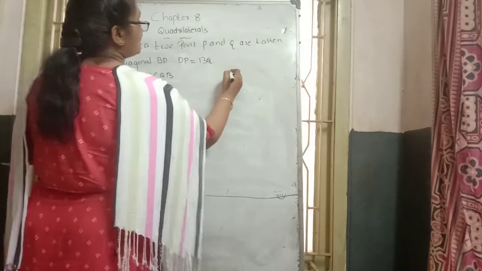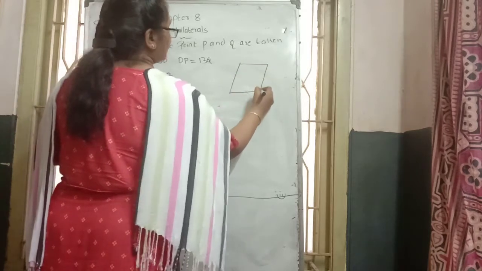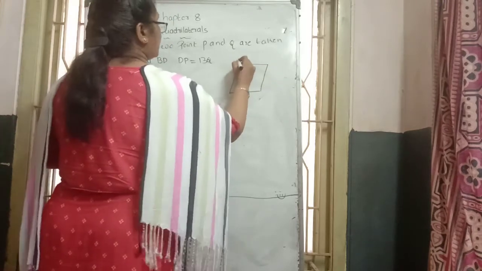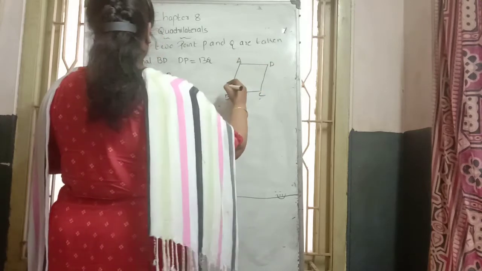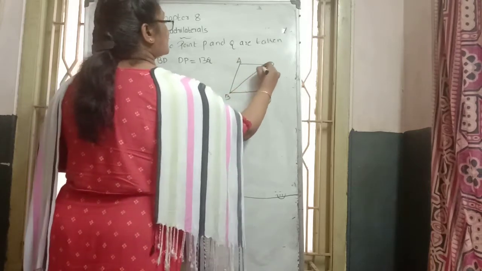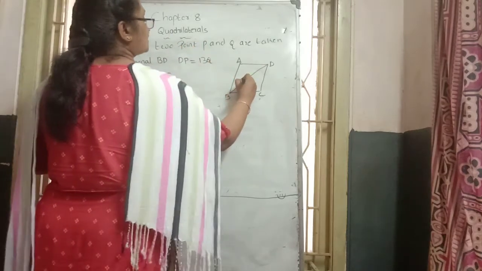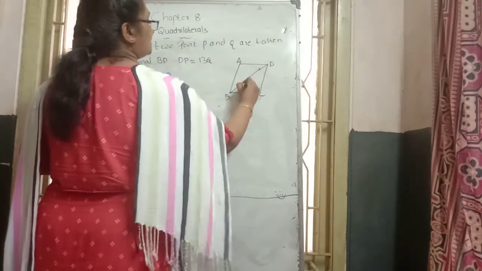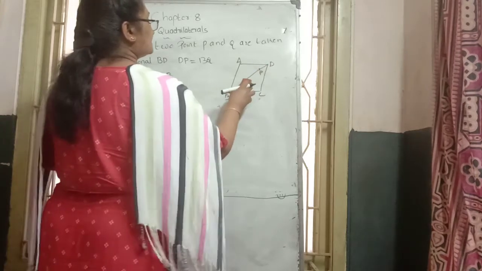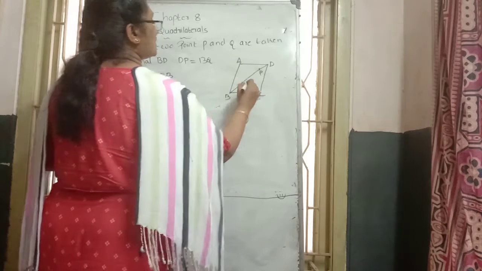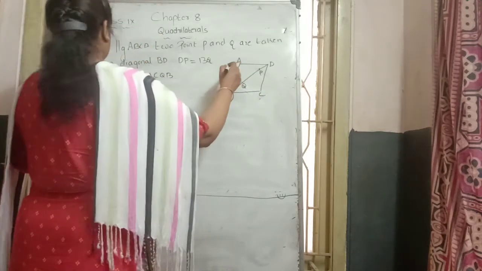The diagram is given as a parallelogram ABCD, then BD is the diagonal of that parallelogram, and P and Q are points on that diagonal BD. We mark P here and Q there.